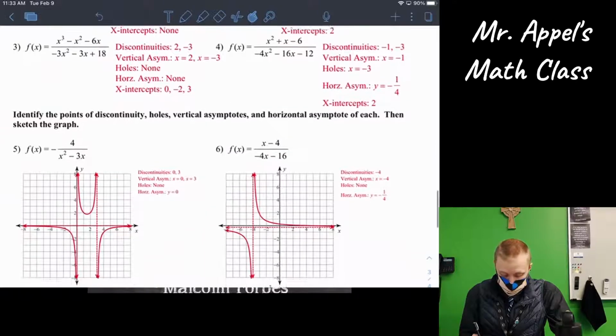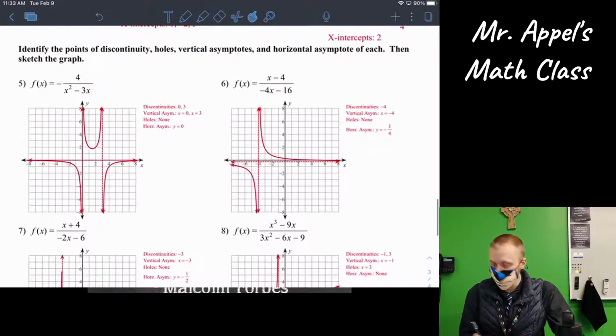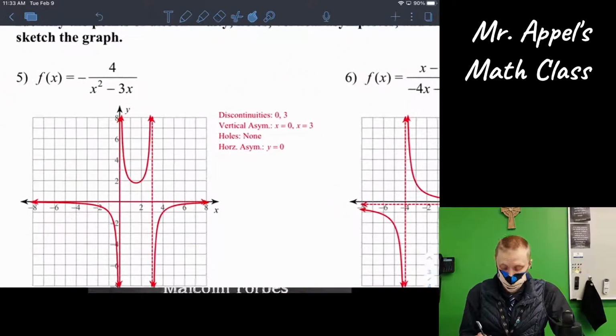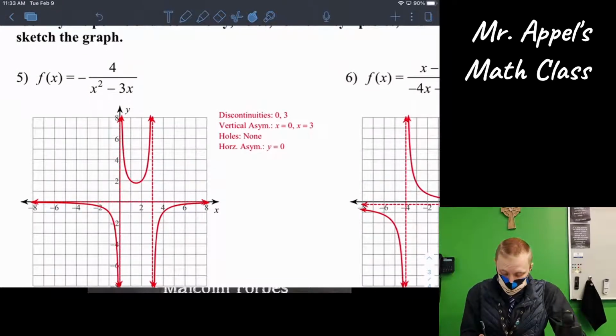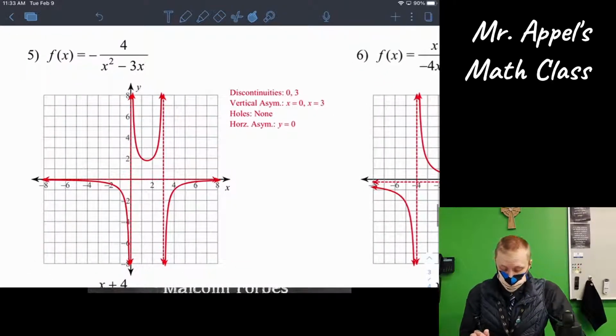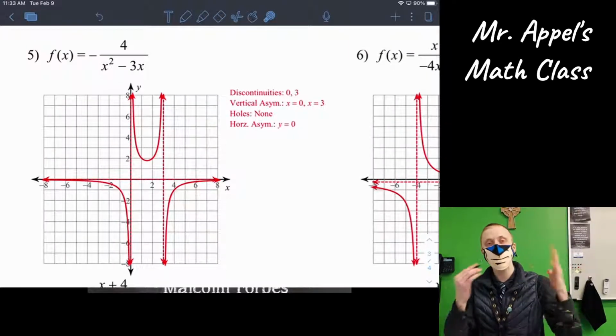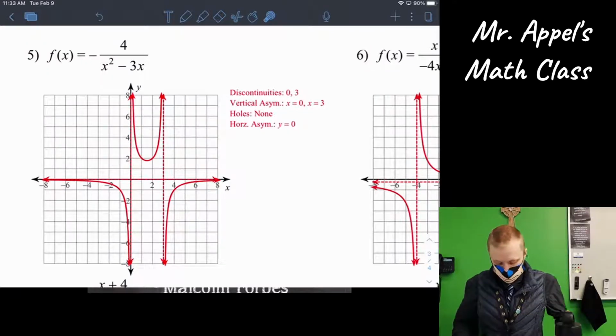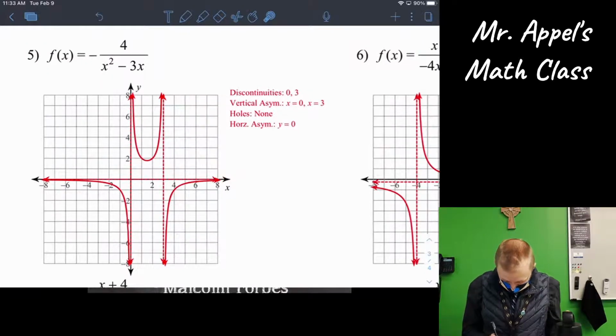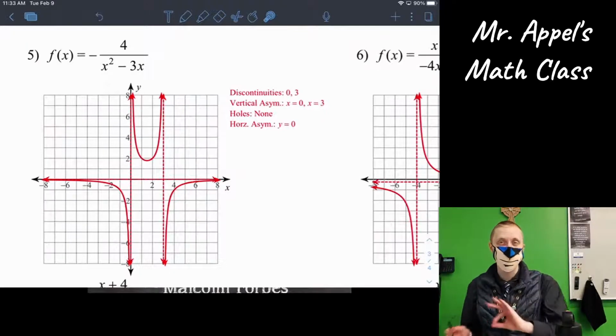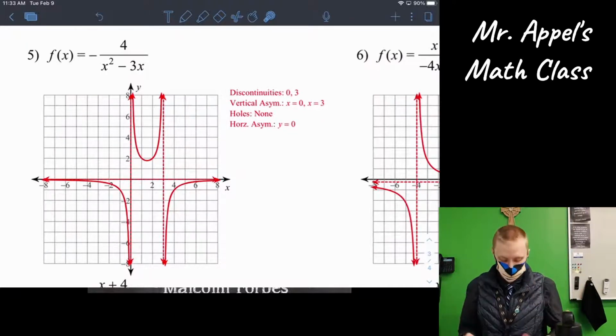Here then in the second part, let me zoom in one by one, because that text is teeny tiny. You are again listing that critical information and then piecing it together to form the graph. And this is what I love about these graphs, is I am not persnickety. You're not graphing points when you're creating these sketches, okay?